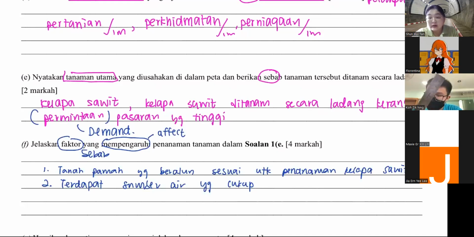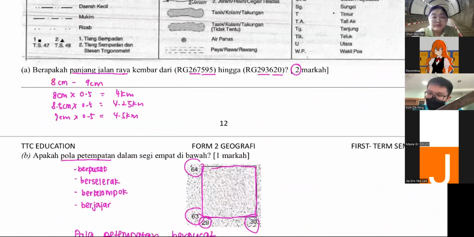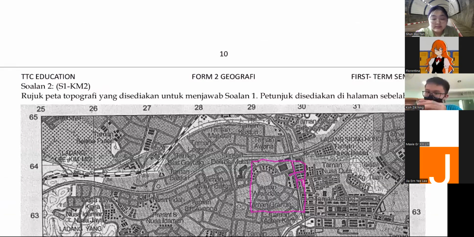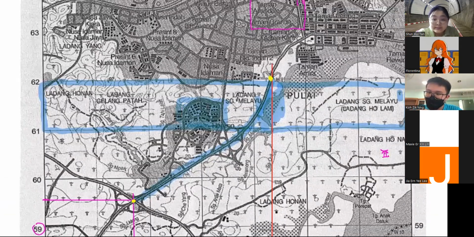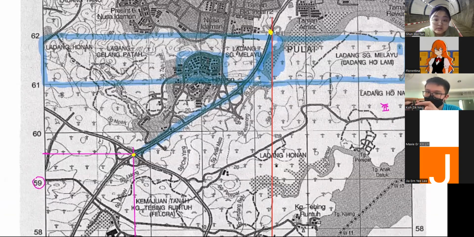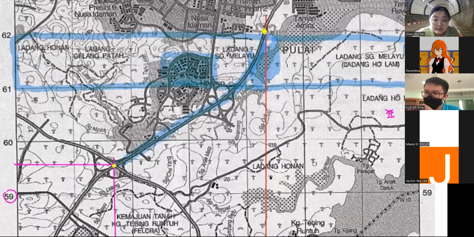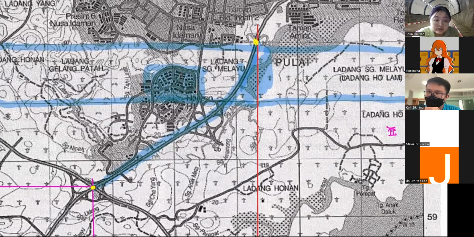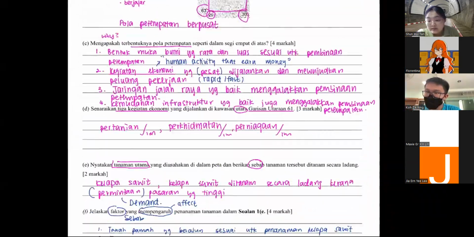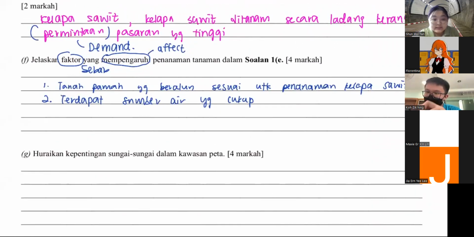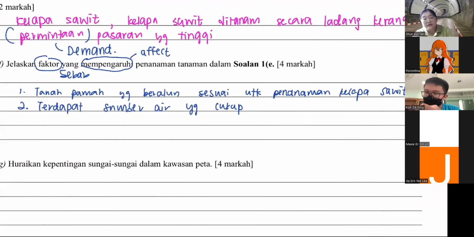Because we have river. So you can have a look. What's the name of the river here? You have a couple of rivers. For example, there's a very big river. Let me see, look at the name. Do they have a name of the river? Terdapat sumber air yang cukup, enough water.